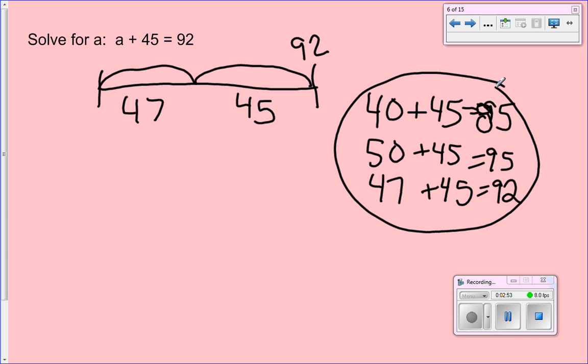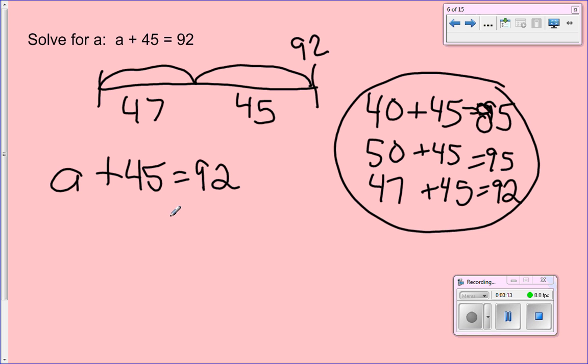There's another way to think about this problem. I'm going to begin by writing the problem out again. A plus 45 equals 92. And this strategy is used most often in a lot of algebra classes.